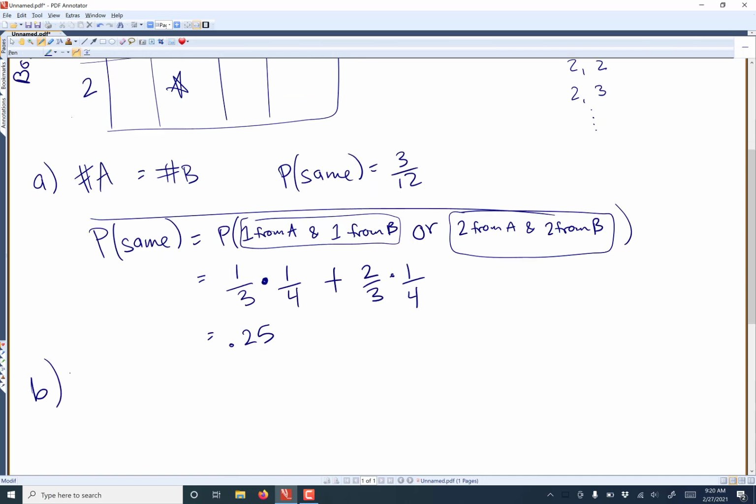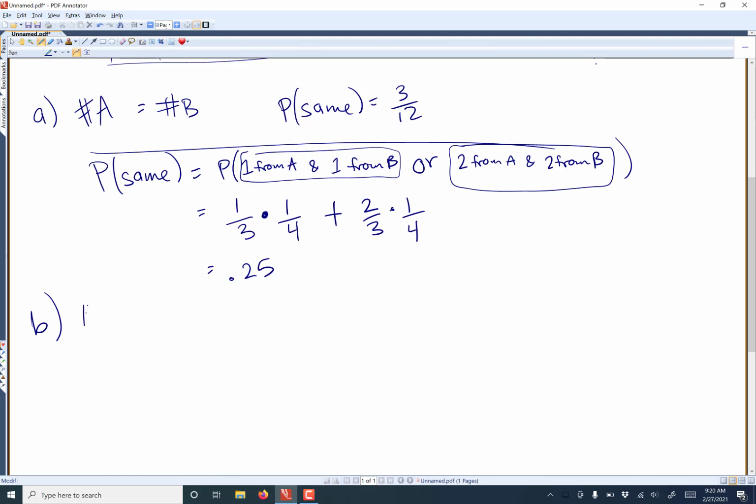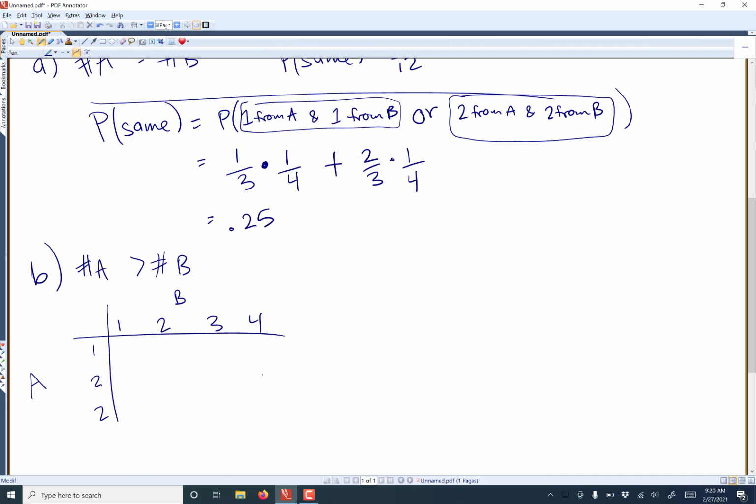For part B, we're going to do the same thing, but now we want the number in A to be greater than the number in B. For A we have 1, 2, 2. For B we have 1, 2, 3, 4. So how can A be greater than B? Well, if A is 2 and B is 1, that would work. And if A is the other 2 and B is 1, that would work.